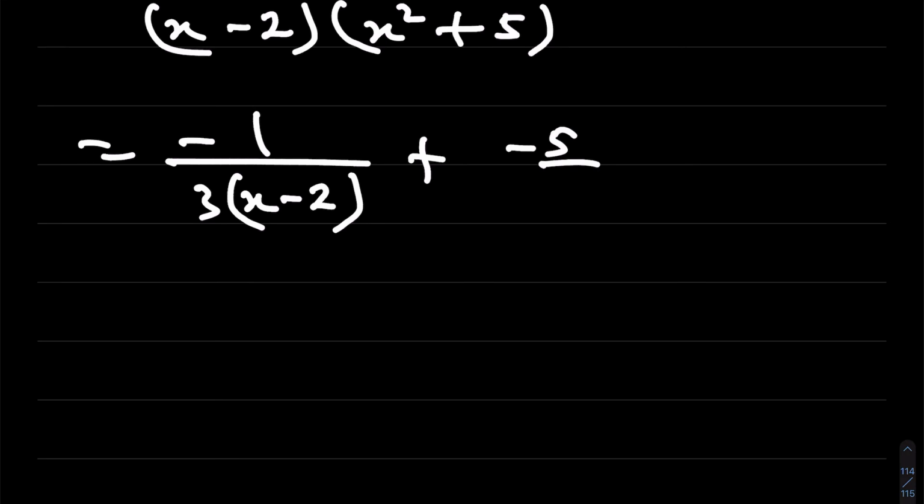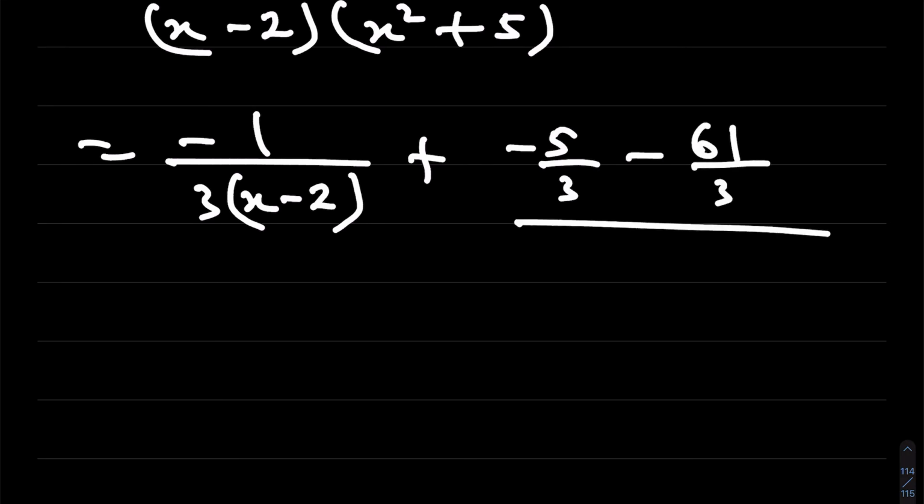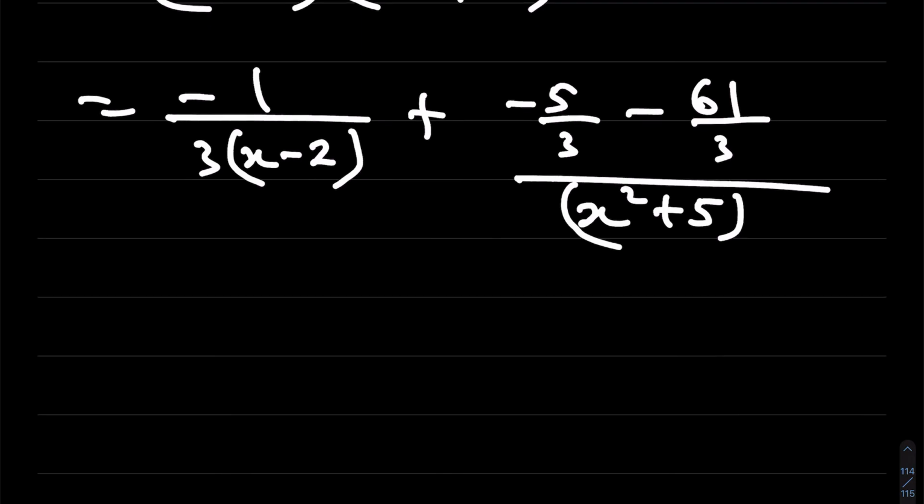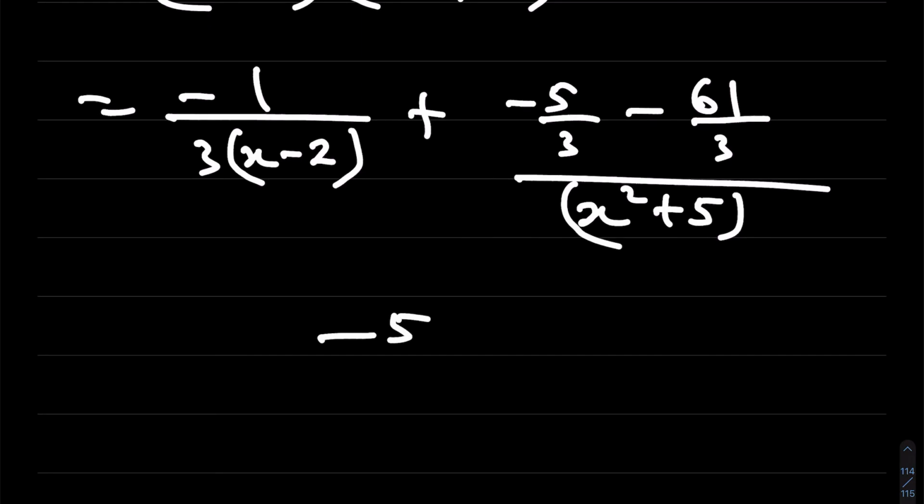Minus 5 over 3 minus 61 over 3 all over x squared plus 5. Of course, the numerator will become minus 66 over 3. Yeah, that's correct.